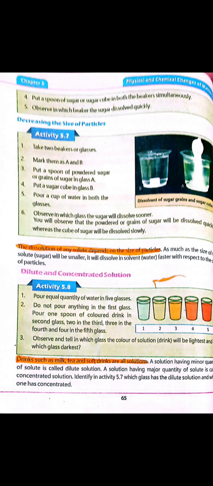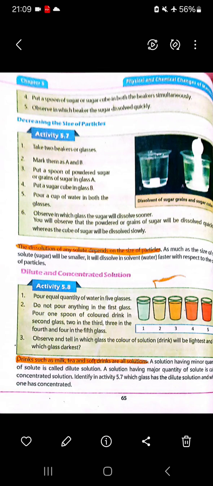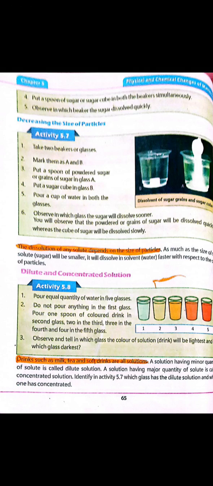Which sugar will dissolve first? Obviously, the sugar that is in powder form, because in powder form the size of the particle is smaller, so it will take less time and the solubility of the solute will be affected. So it means that the solubility of the solute also depends upon the size of the particles.